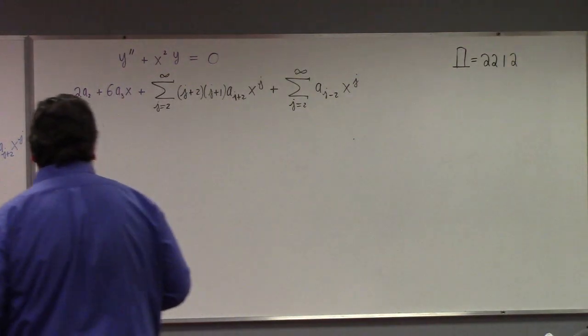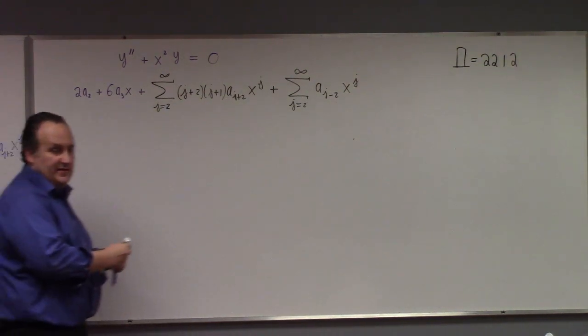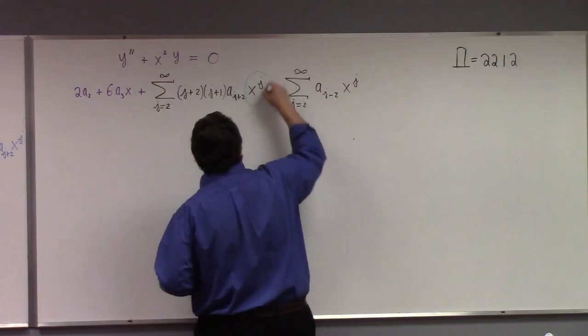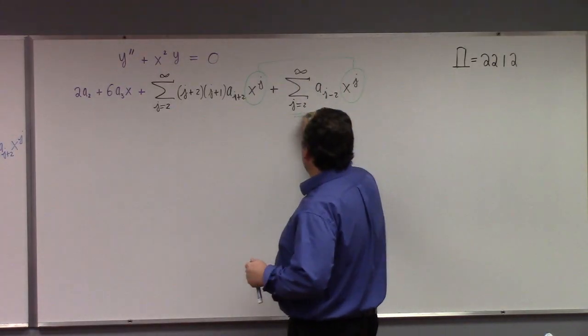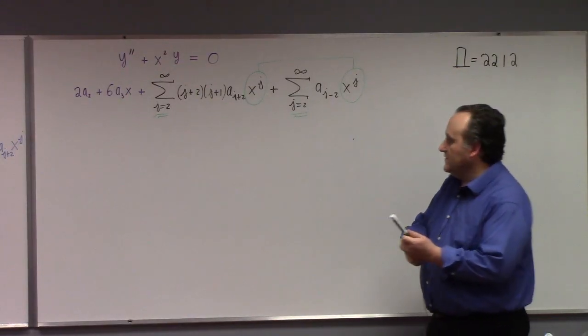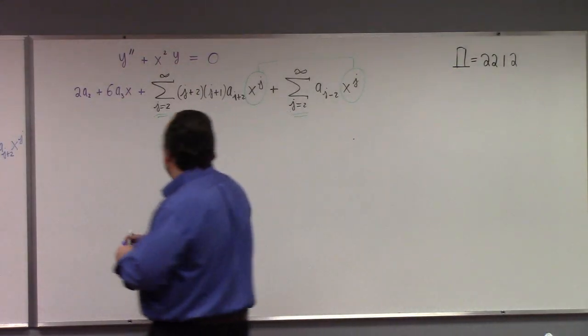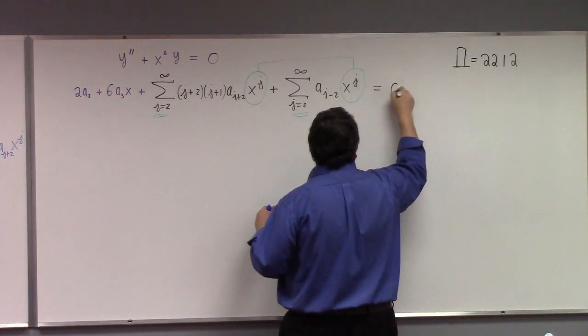See, now we've made these match up, right? So now we can combine the sums because they have the same type of monomial on each, right? These match. The starting point matches. So, theorem of power series, we can add these. This is all equal to 0, right?